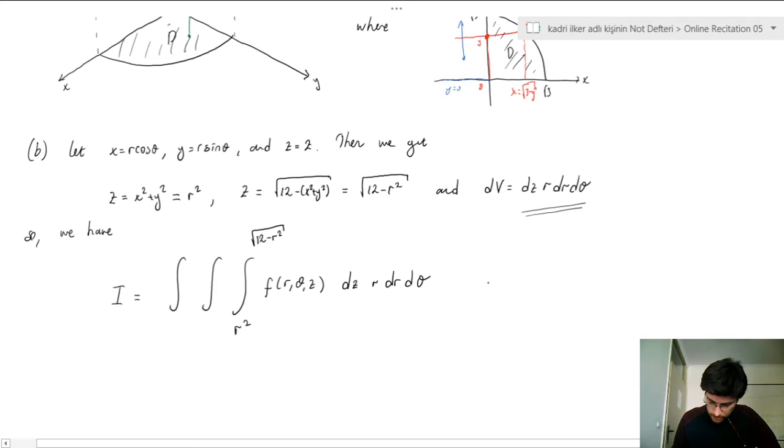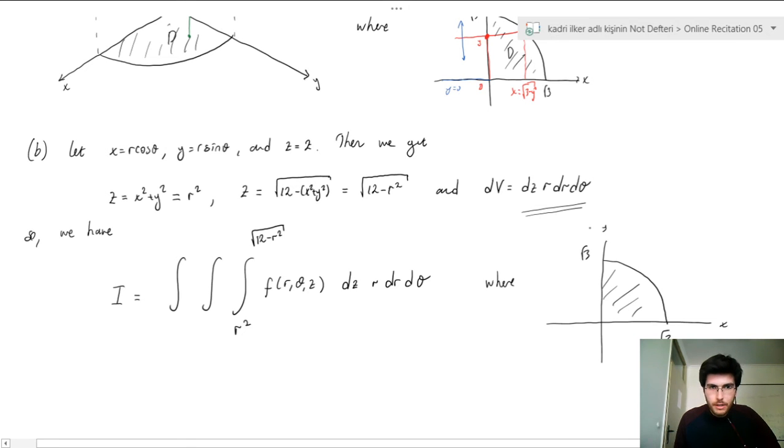Here remember, our base region is something like this, square root 3, square root 3. But now, instead of using standard xy coordinates, remember how to deal with polar coordinates. Just throw some arbitrary ray like this.